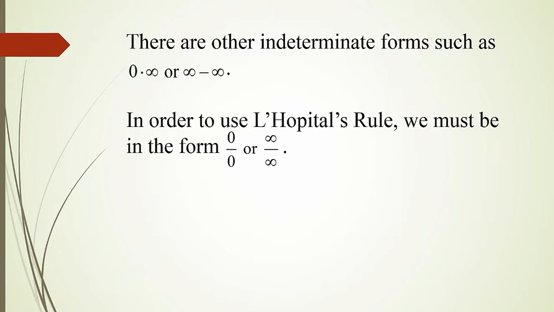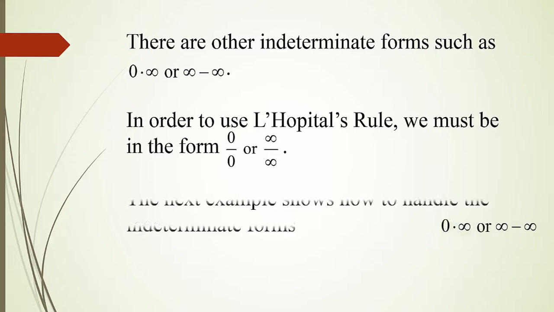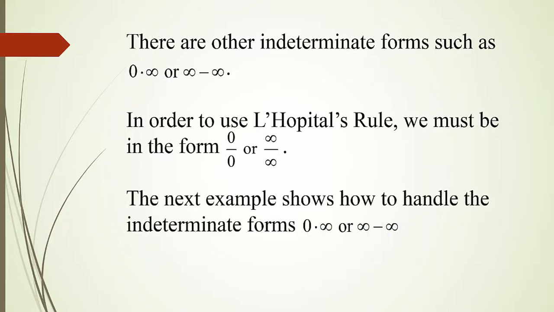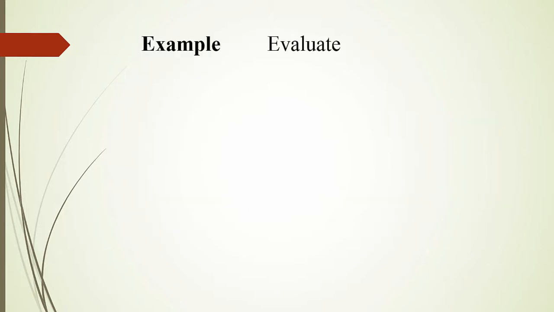Only when you have the form 0 over 0 or infinity over infinity. But as we'll see in the next example, what do we do when we have these forms 0 times infinity or infinity minus infinity?